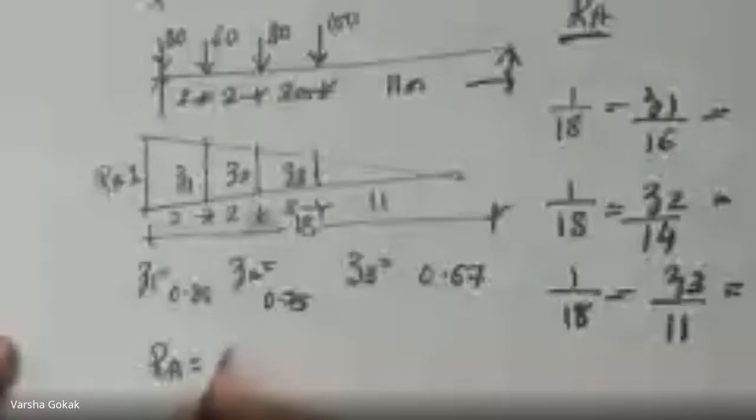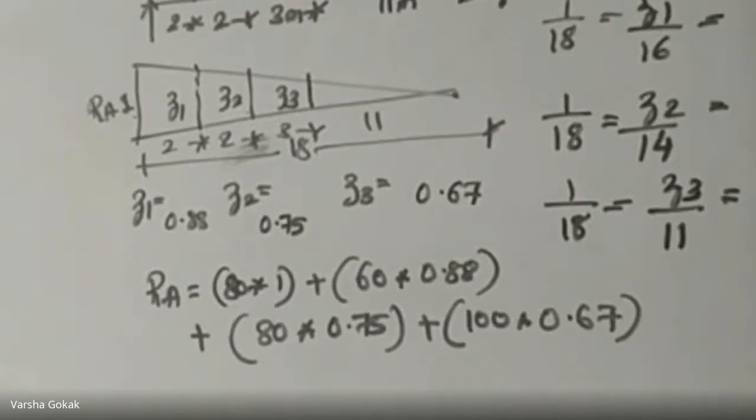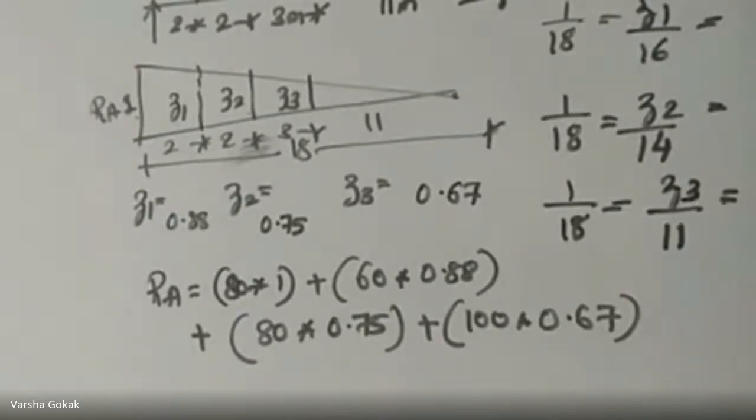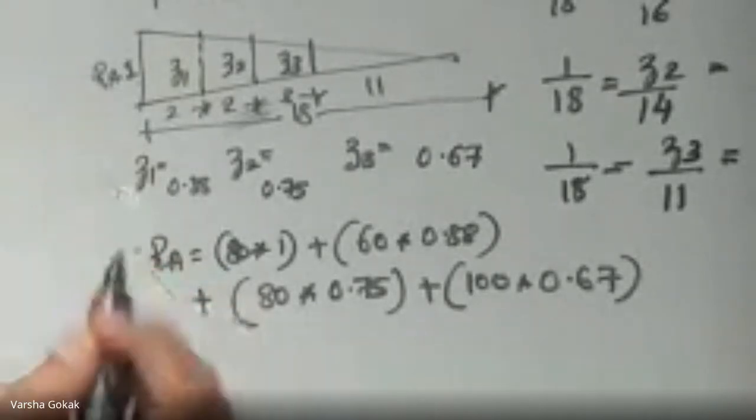So 80 into 1, 60 into Z1, this 80 into Z2, 100 into Z3 will give the reaction at A. So 80 into 1 plus 60 into Z1, that is 0.88, plus how much? Give me this value, please. 259.8.